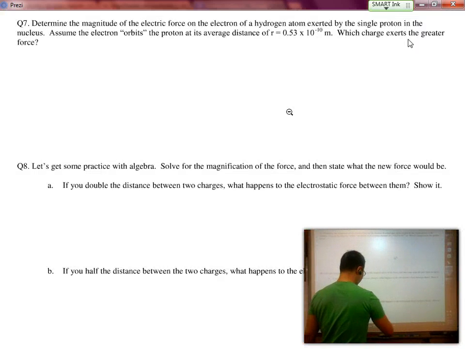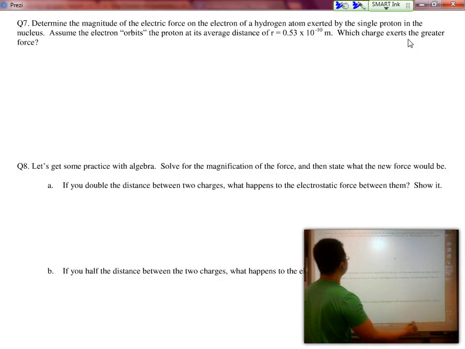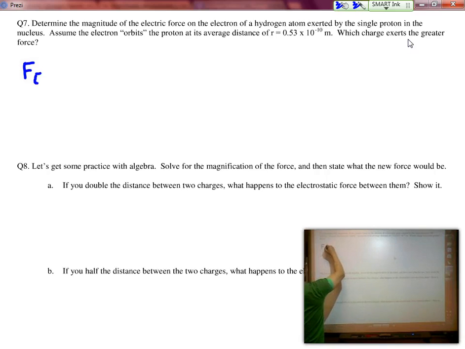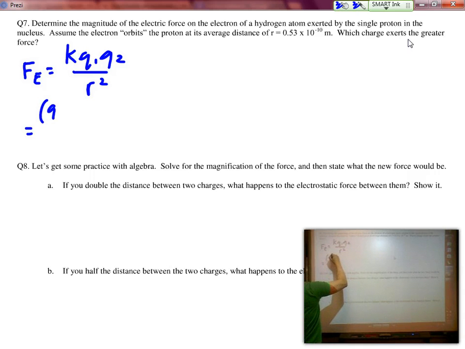So in this case over here, if we want to solve for the force between the two charges, Fe would equal K Q1 Q2 over R squared, which is equal to 9 times 10 to the 9th Newton meter squared over Coulomb squared.